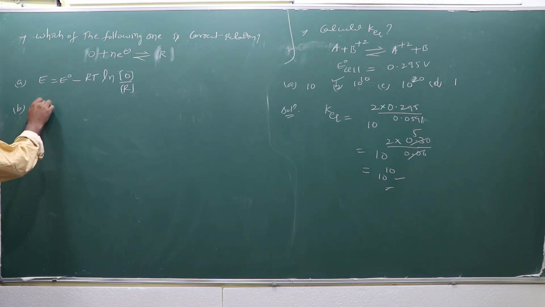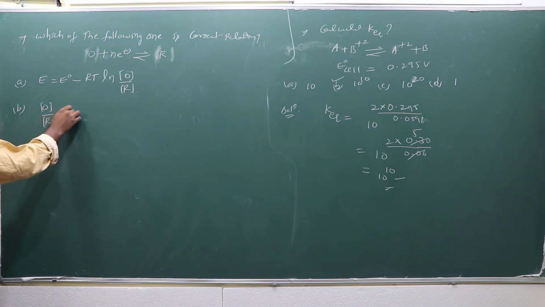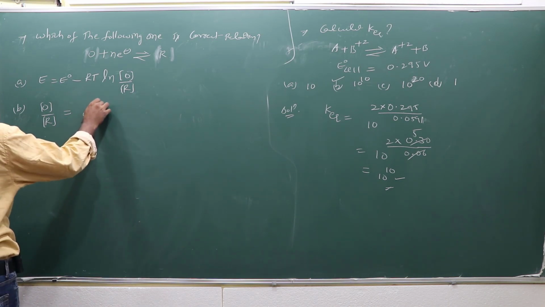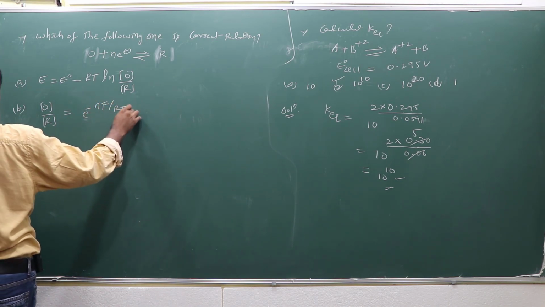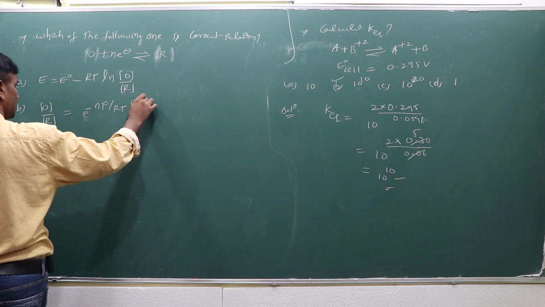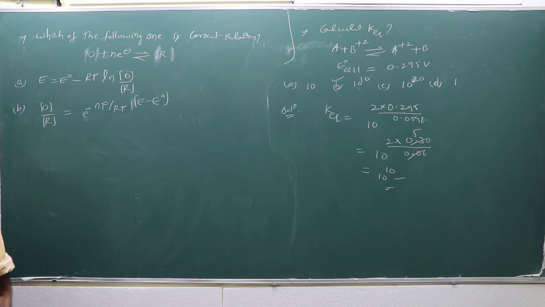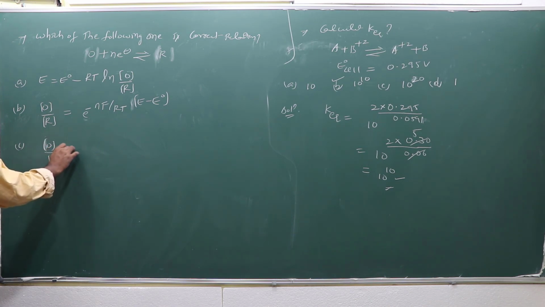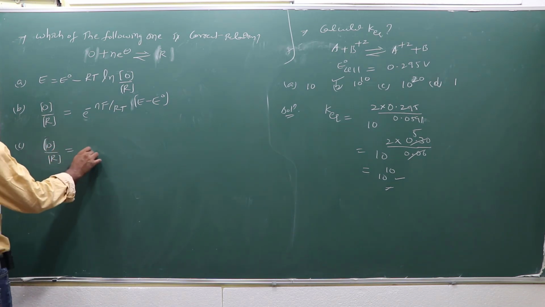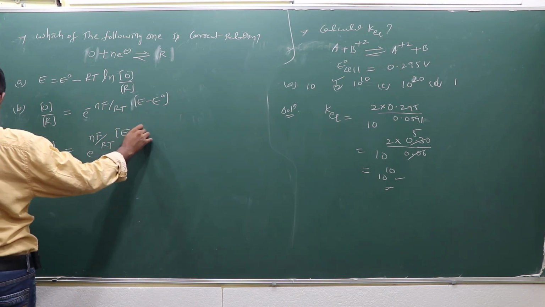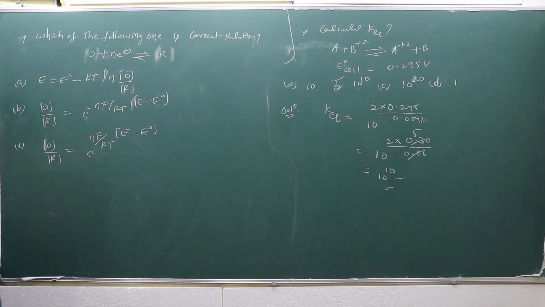Next, option B: oxidant by reductant concentration is equal to e to the power of minus nF by RT into E minus E naught. Option C: oxidant concentration by reductant is equal to e to the power of nF by RT into E minus E naught.